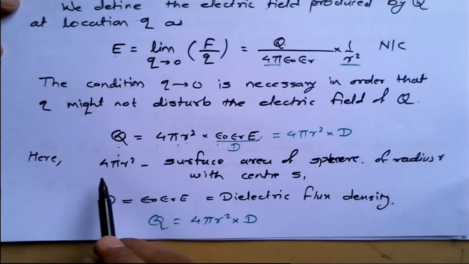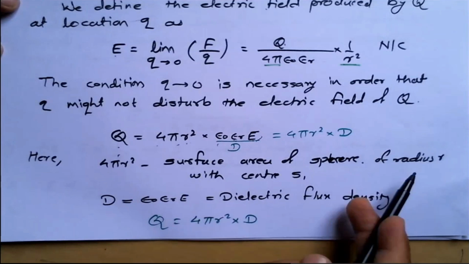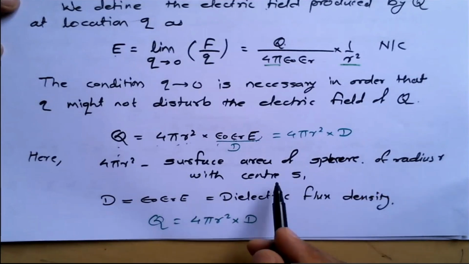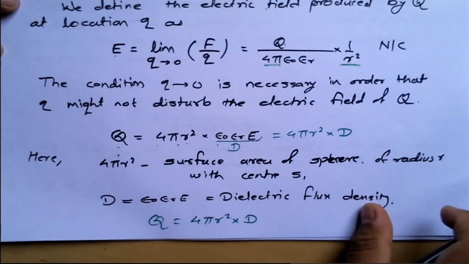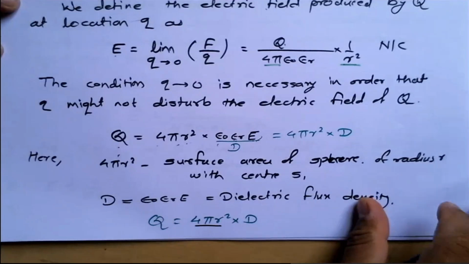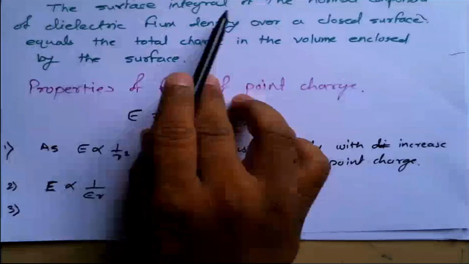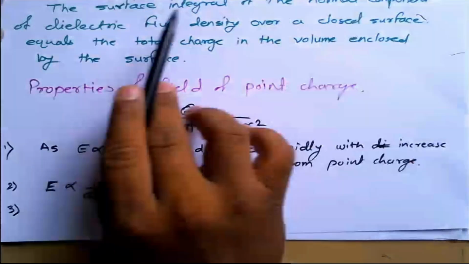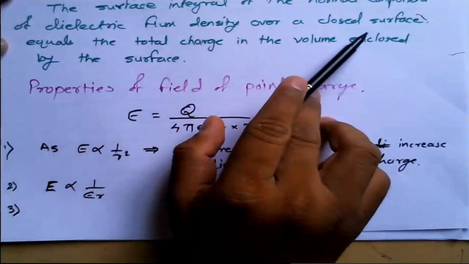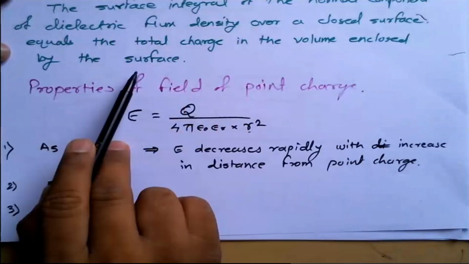This 4 pi r square is the surface area of the sphere of radius small r with center S1. So we can define that the surface integral of dielectric flux density gives the charge enclosed by that surface, and this is Gauss's law. It states that the surface integral of the normal component of dielectric flux density over a closed surface equals the total charge in the volume enclosed by that surface.